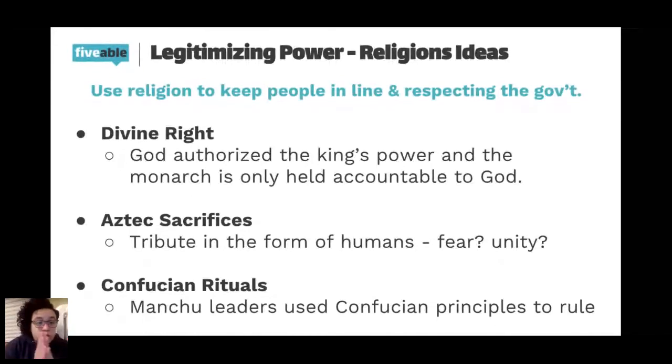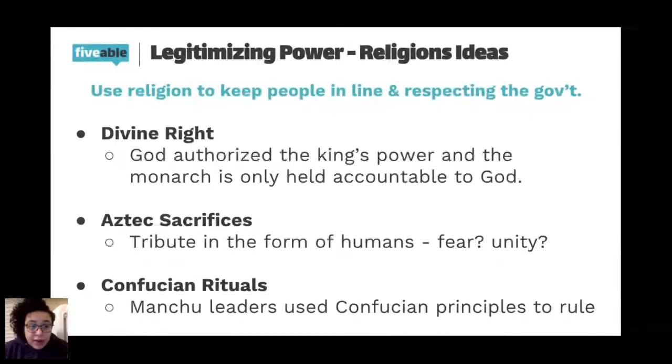So just like divine right? If the God that all these people believe in authorized the king's power, then the king is held accountable to that God, and the people are going to be like, well, our God chose this king, so it must be legitimate. It works perfectly well for that king.